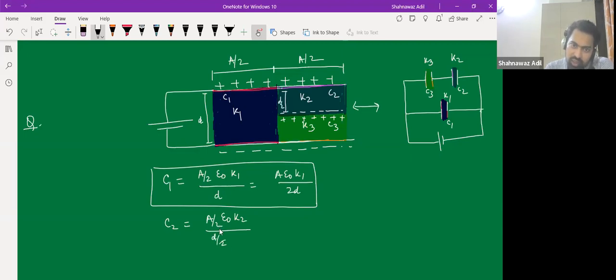So this 2 cancels, and we have A epsilon naught K2 by D.